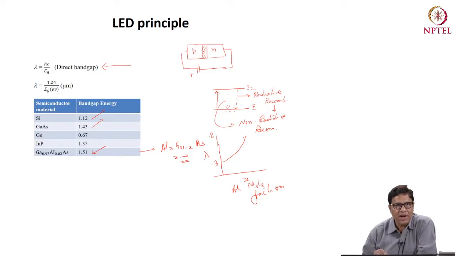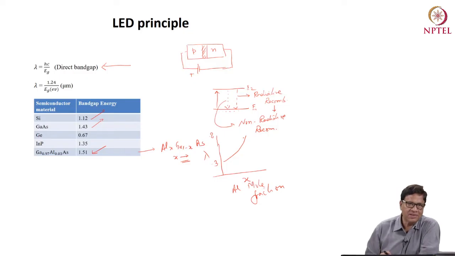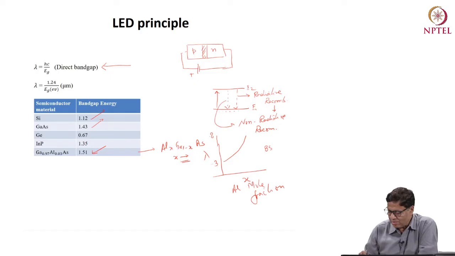So you can make your lambda as per your choice, because as we know, there are certain wavelengths which are useful for communication. For example, wavelengths around 850 nanometer, 1310 nanometer, or 1550 nanometer are all good for communication using optical fiber, where they have low loss.